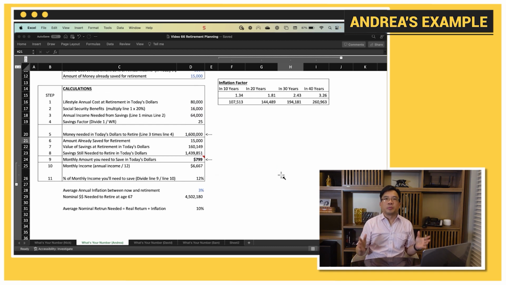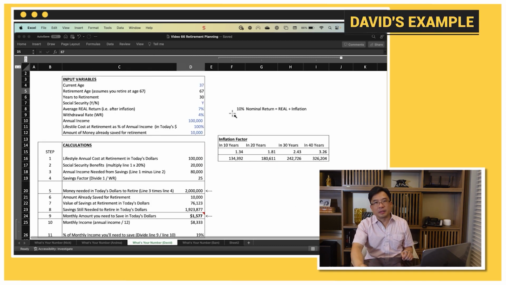That's totally doable. Now, let's take a look at David. He is 37 years old and he is earning $100,000 per year. David has managed to save $10,000 for his retirement. His magic number, or his retirement number, is $2 million.